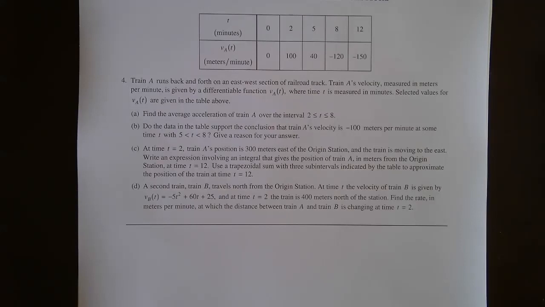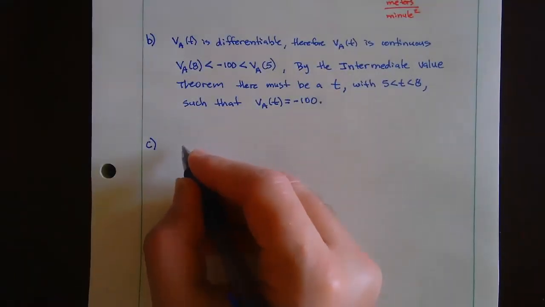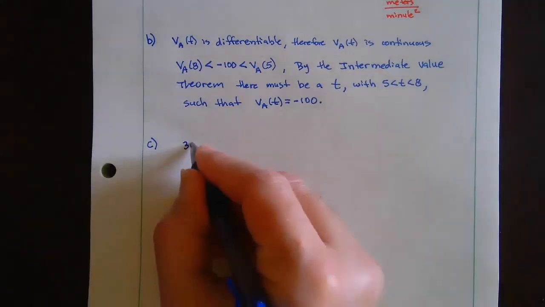Okay, so we know we're starting at 300, and then if we add the integral, that will give us the amount of change that happened, okay? So this is kind of the fundamental theorem of calculus, manipulated a little bit, okay? All right, so let's go and do that. Okay, so I know at time t equals 2, it was a positive 300.